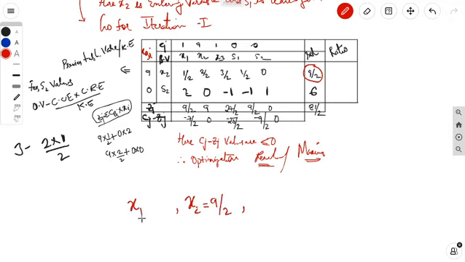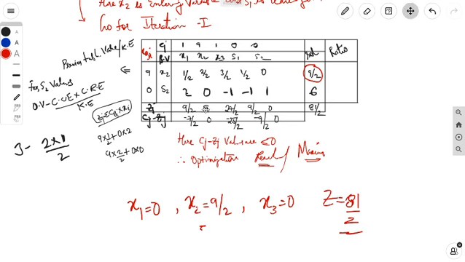We don't have x1 value, so x1 value is 0. We don't have x3 value, that's why x3 value is 0. Only we have got x2 value. X2 value is how much? 9 by 2. Whereas the solution z is equal to 81 by 2. This is nothing but our optimum solution.